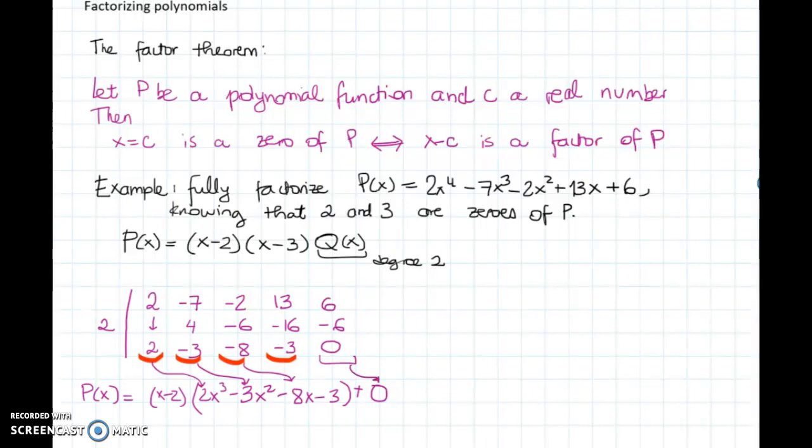So now we have a polynomial function of degree 3 that we would like to factorize, and we know that 3 has to be a zero of it, so it has to have a factor of x minus 3. So we're going to apply synthetic substitution again.